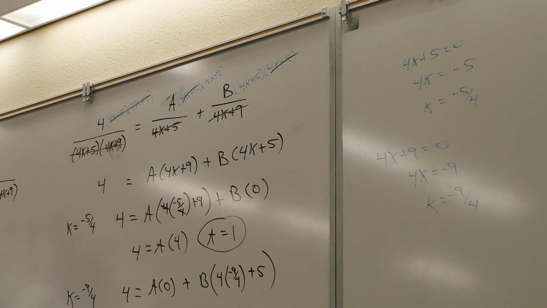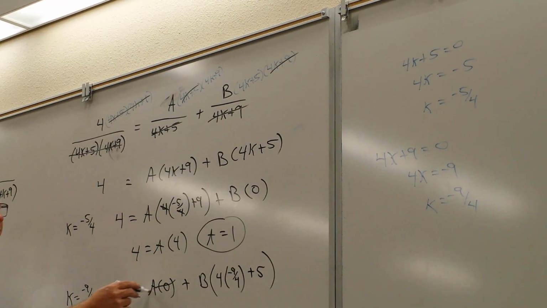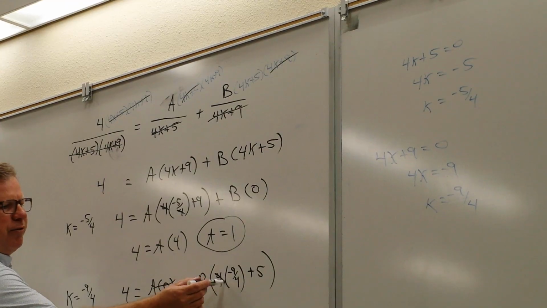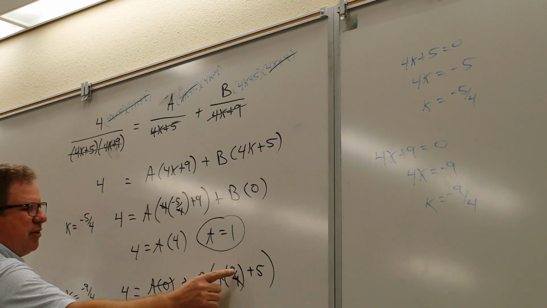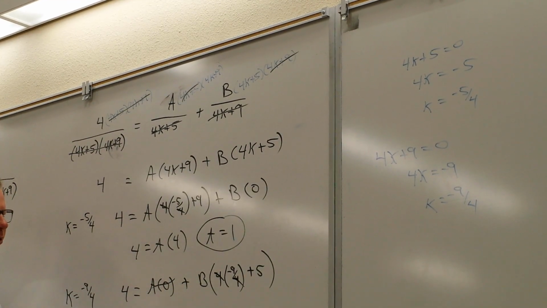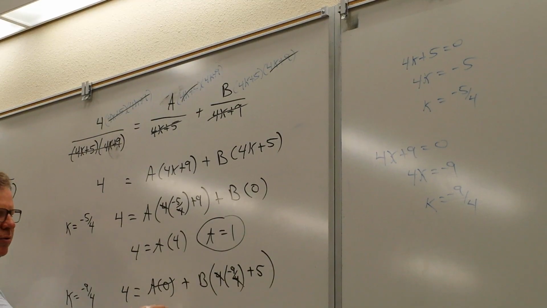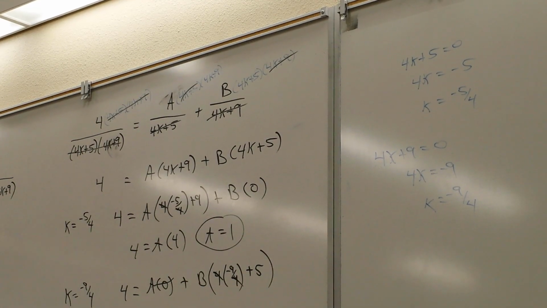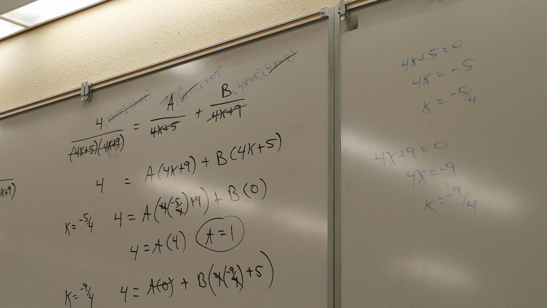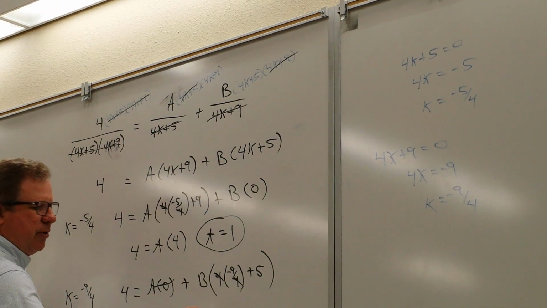So a times 0 is 0, so that's gone. Here, the 4's divide out. We have -9 plus 5 is -4. Divide, and b will equal -1.